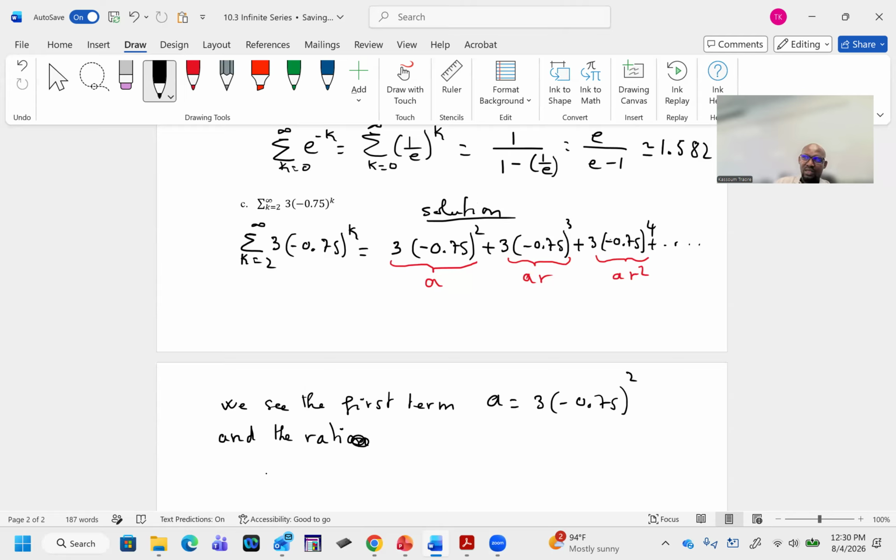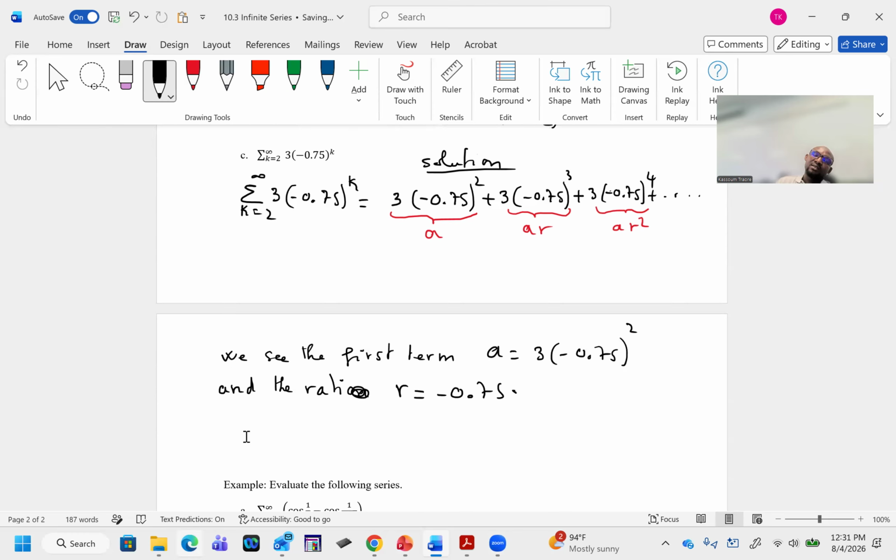The ratio of the series r is negative 0.75. And again, what do you think?